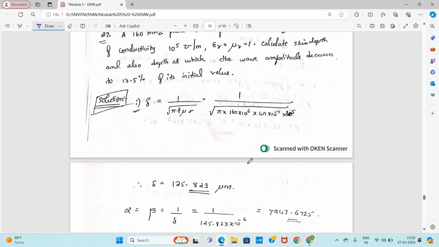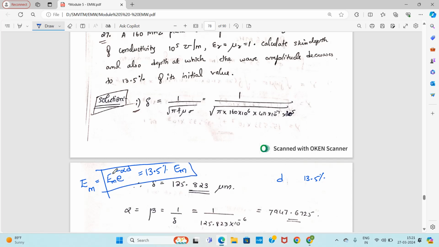The second part, what they're saying is, they're asking you to find the distance or the depth at which the amplitude is reducing by 13.5%. Okay, so you know the formula for amplitude. If I have EM as the initial value, after a certain distance it is reduced by an attenuation factor, to 13.5% of its maximum value.